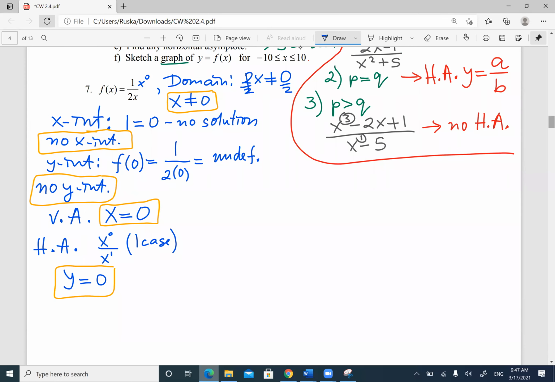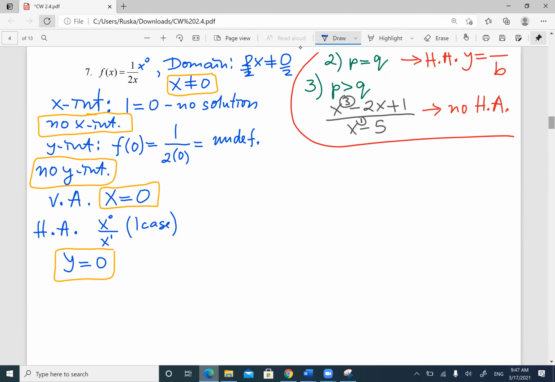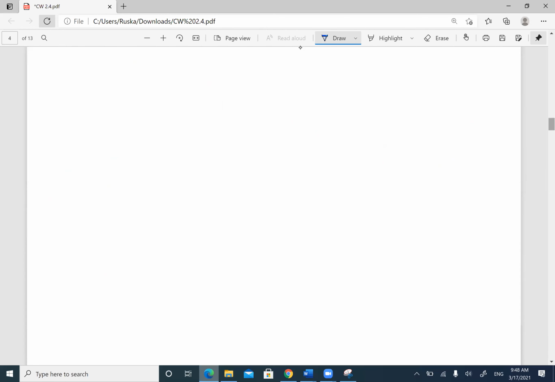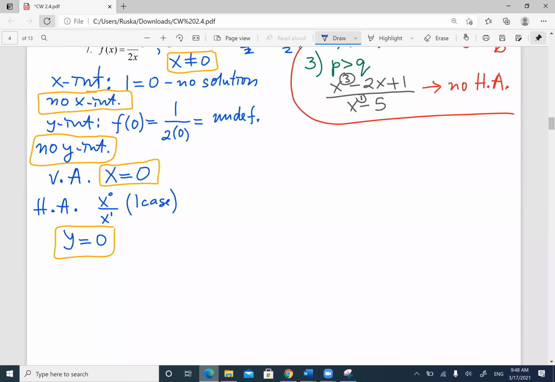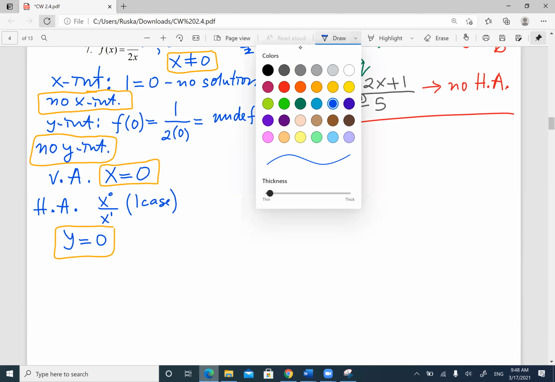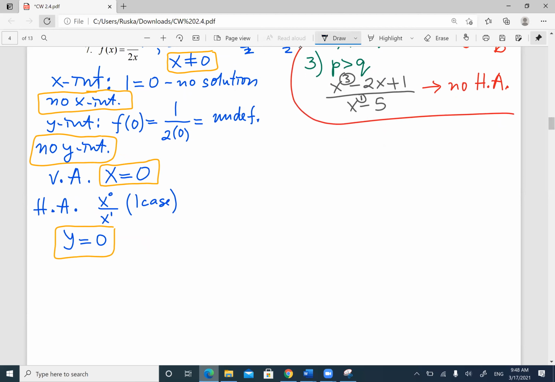And it says from negative 10 to 10. So, okay, I have enough room. So I'm going to just draw a little x-axis, y-axis, and I'm going to graph it. Okay, so we have domain is x is not 0, no x-intercept. There's not too many things to put here, right?